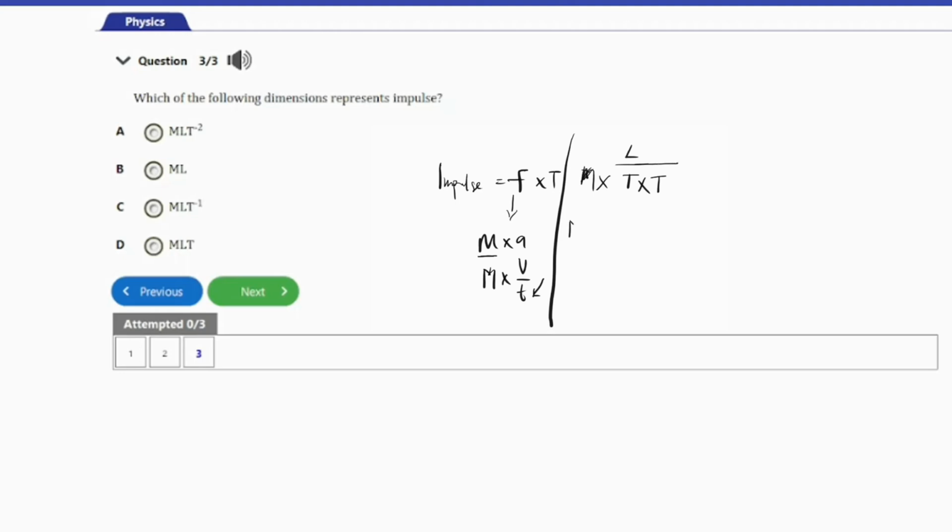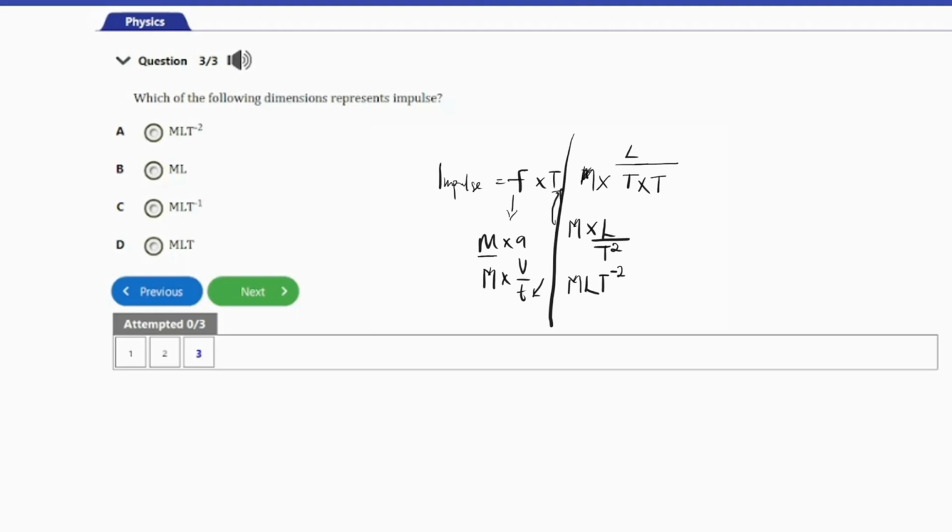So all together here we have m times L over t squared. So this will give us mlt to the power of negative 2. But let's recall that we had a t here before.